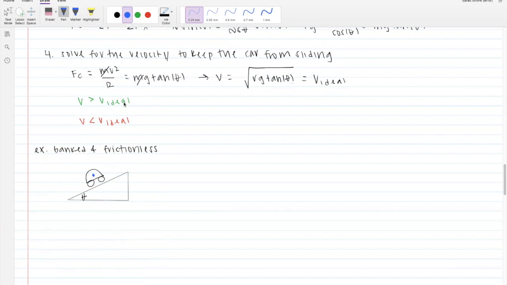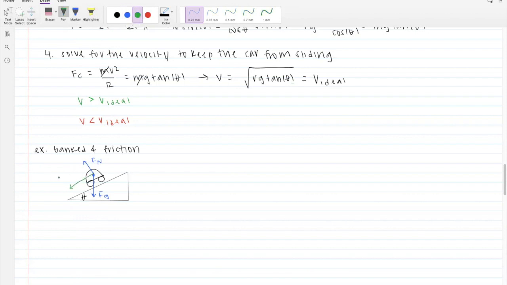Now let's look at the last scenario where you have a banked curve and it's going to be with friction. First thing, draw your FBD. Force of gravity, your normal force. There's two ways that your force of friction can be directed.